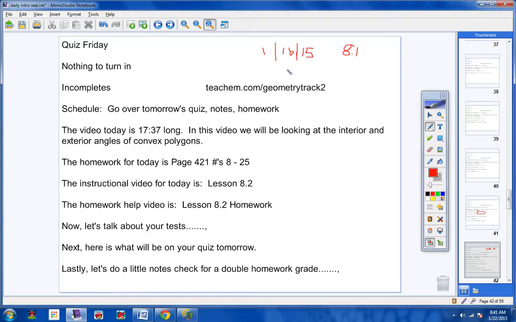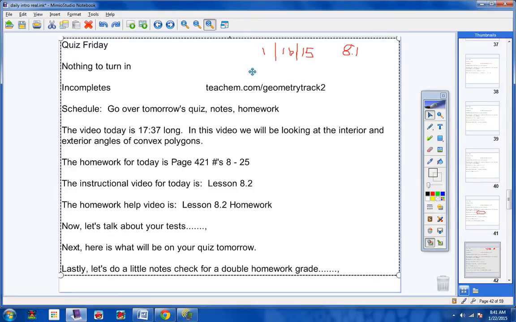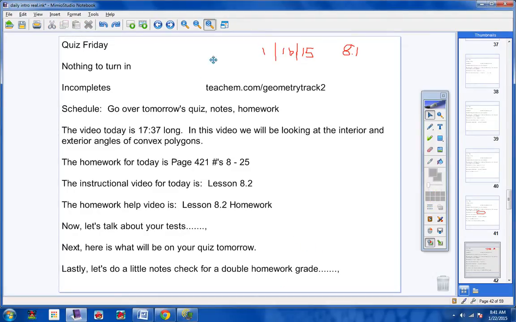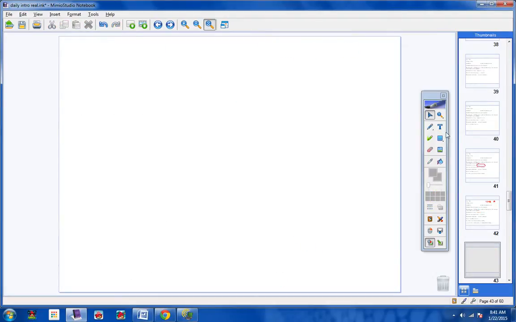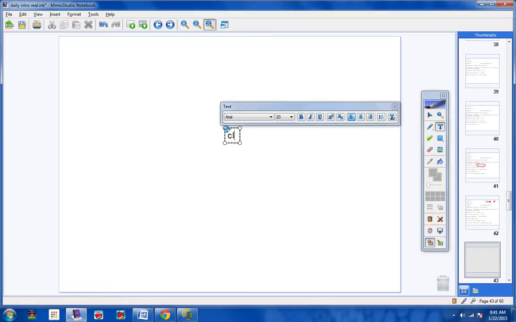The heading was classifying polygons. I think I might have gotten confused and used the word polynomials, which is embarrassing, but it is what it is.